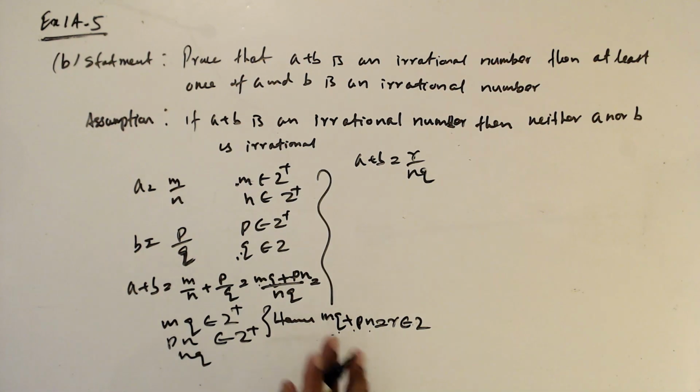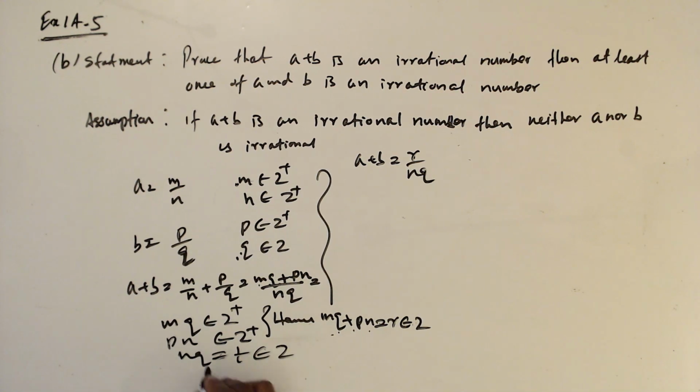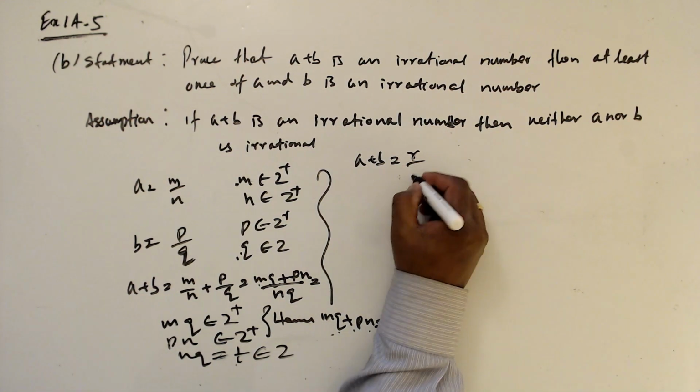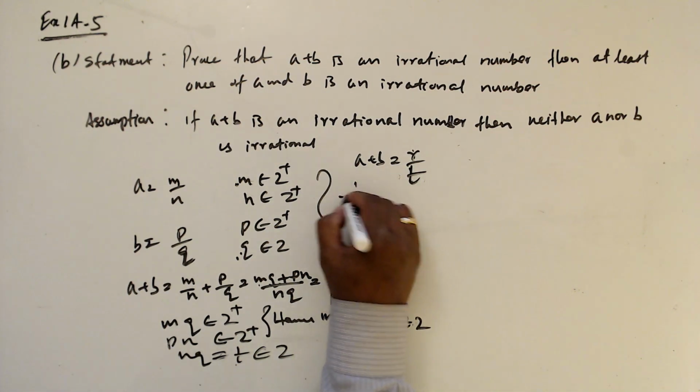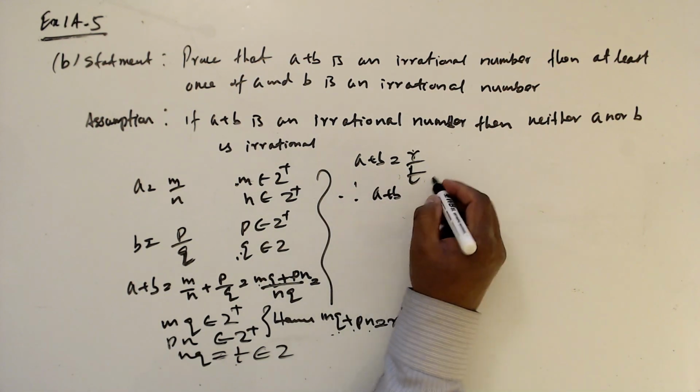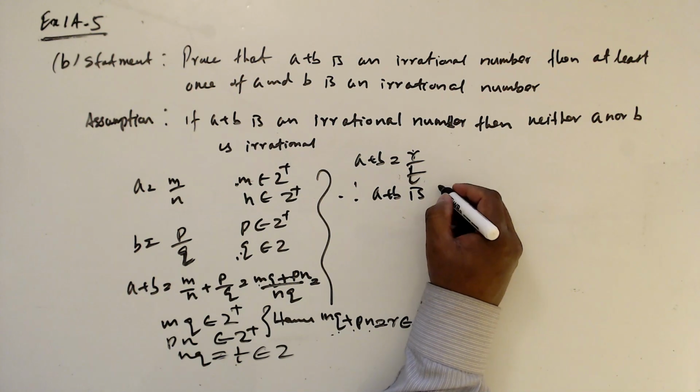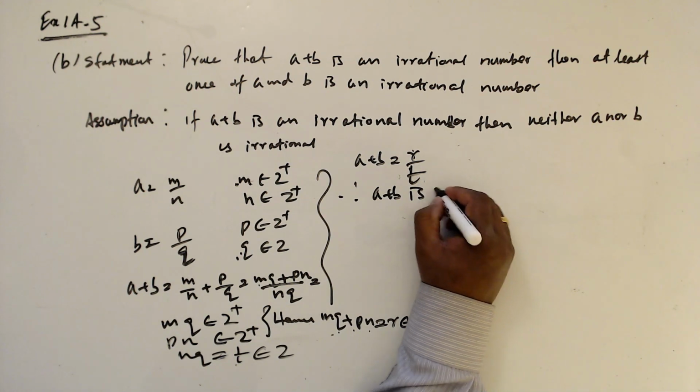Now these are fractions, hence A plus B is rational.